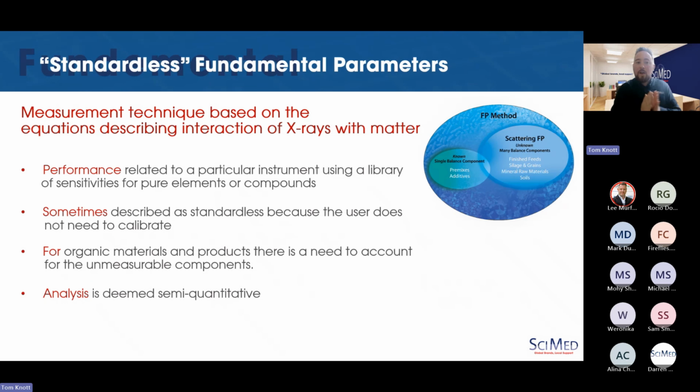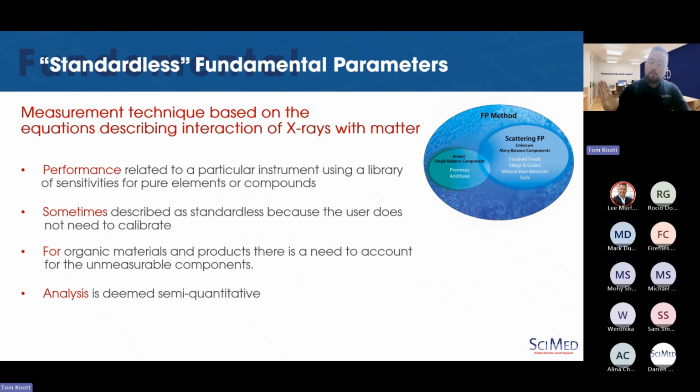So what do we do if those suites of reference materials aren't available to us or are difficult to attain? Well, that's where fundamental parameters can come in. And if you look at the graphic up on the top right, the challenge with feeds, soils, and everything else is that they have a huge amount of organic components in there.